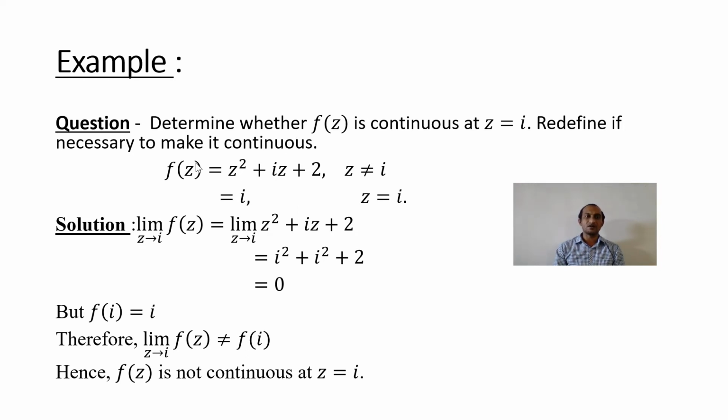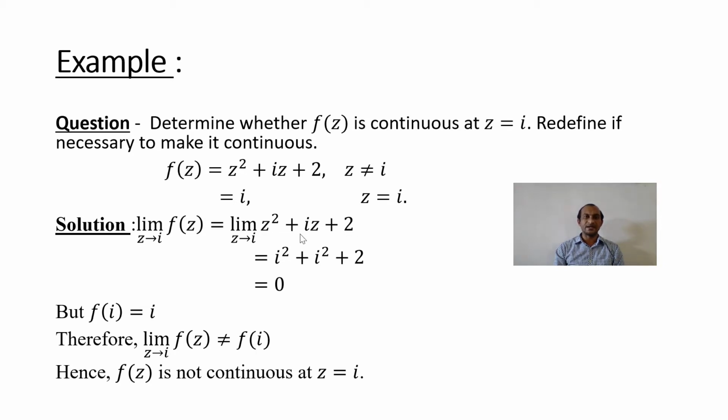So first we determine whether the function f of z is continuous or not. Here f of z is z square plus iz plus 2, where z not equal to i, and i when z equal to i. Now first we find the limit at z equal to i. So limit z tends to i of f of z equals limit z tends to i of z square plus iz plus 2.